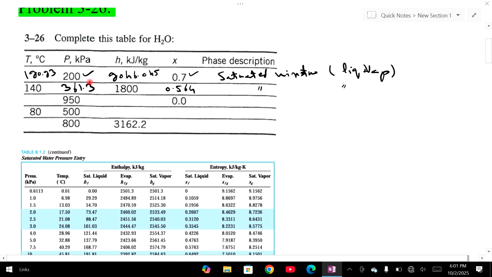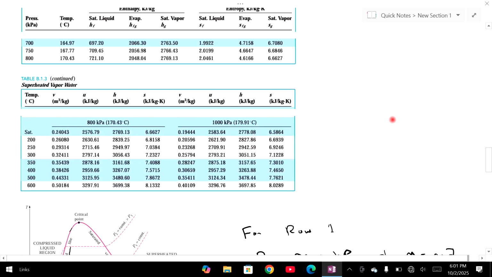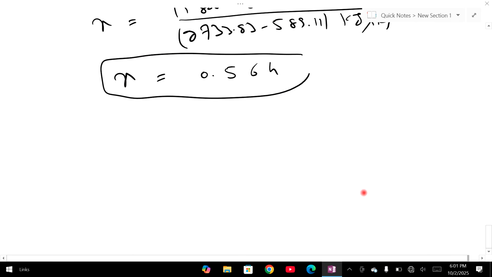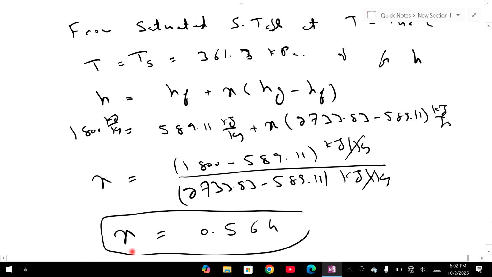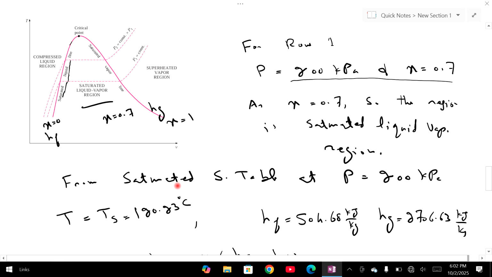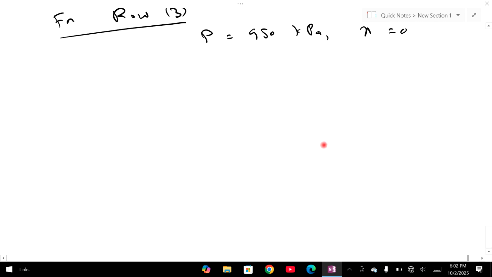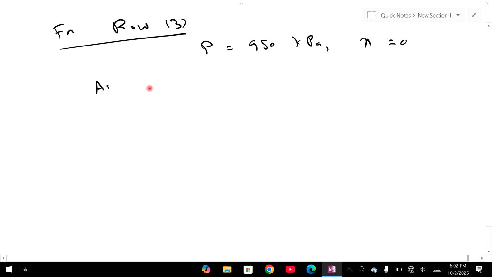Now in row number 3, pressure is given to us as 950 kilopascal and dryness fraction is equal to 0. It means that X is equal to 0, on the saturated liquid line.